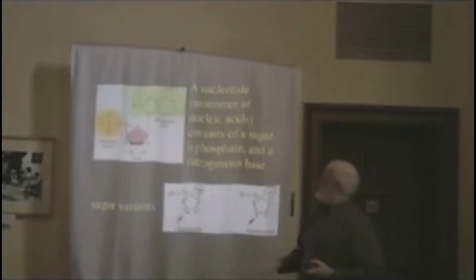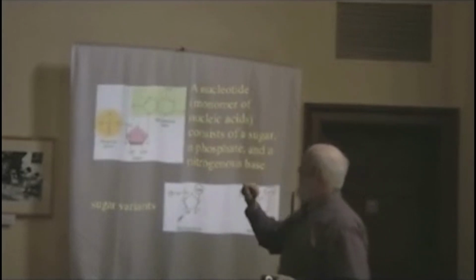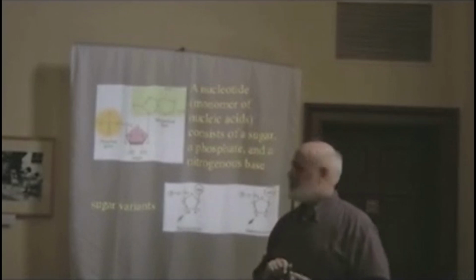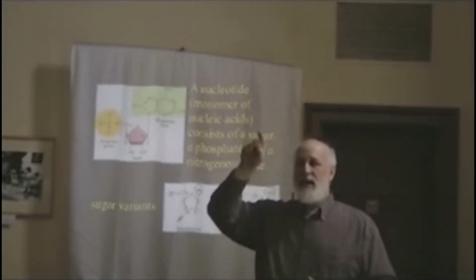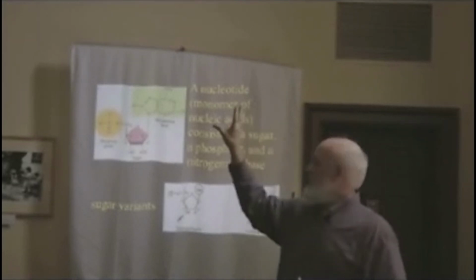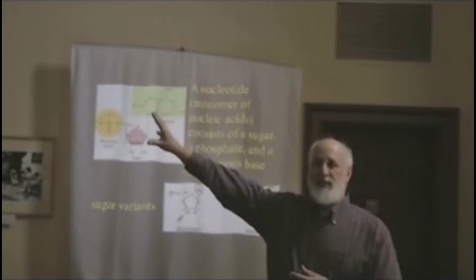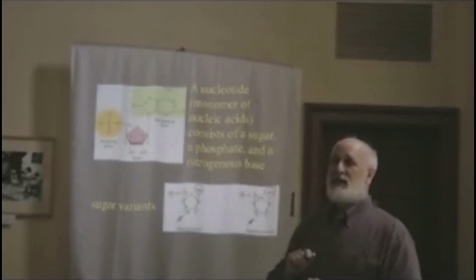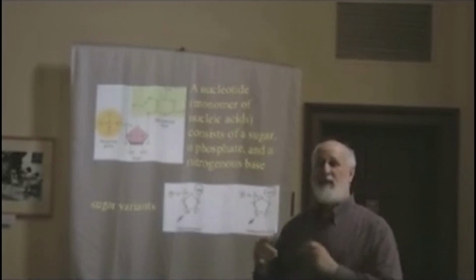Each nucleotide consists of a phosphate group, a sugar, and a nitrogenous base. And what we end up having is a backbone of sugar, phosphate, with that nitrogenous base sticking out to the side. And one nitrogenous base can bond with hydrogen bonds, kind of a weak bond, with another one in this manner.